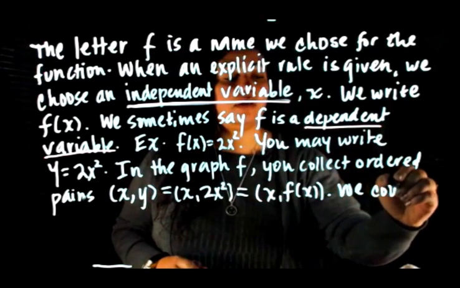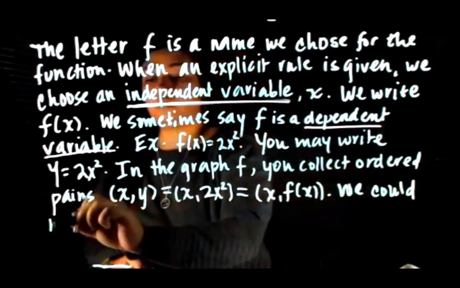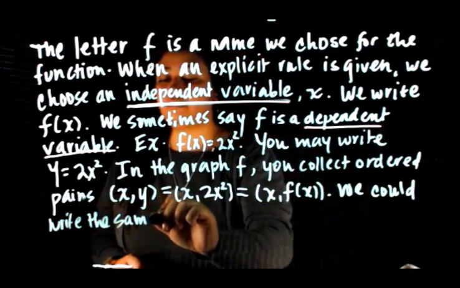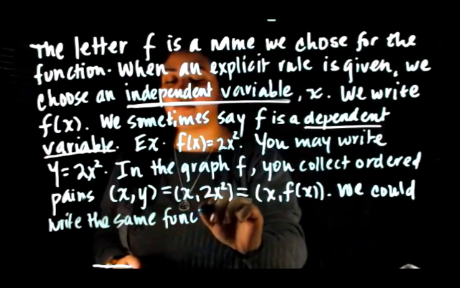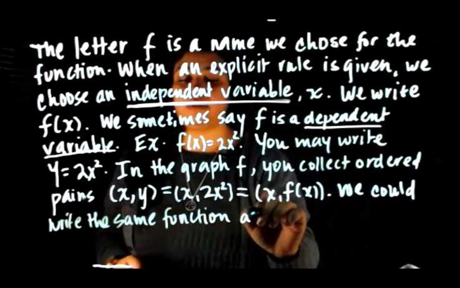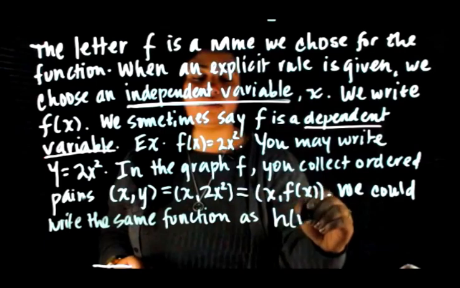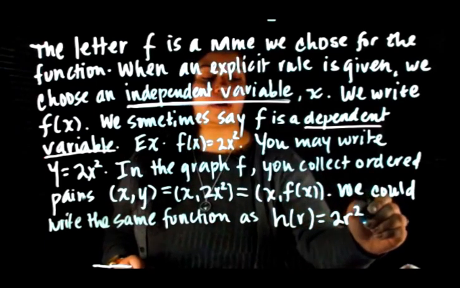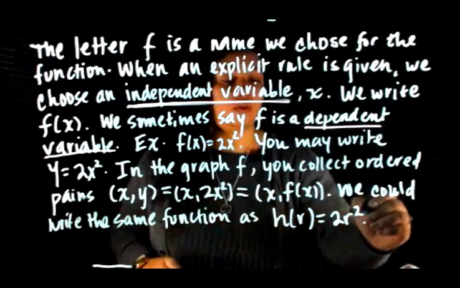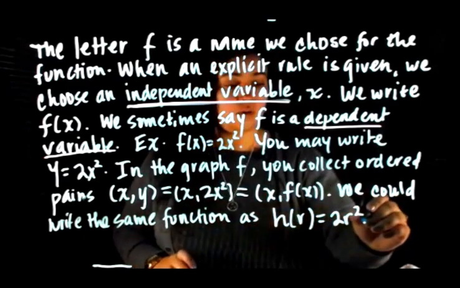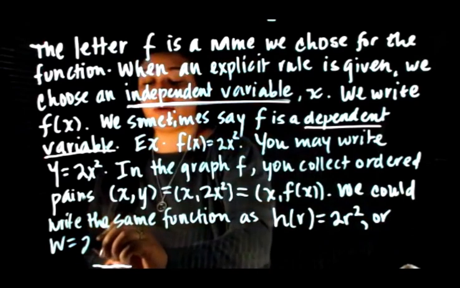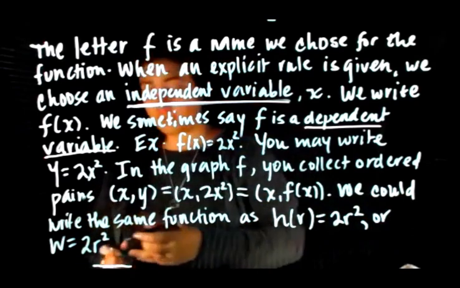We could write the same function as h of r is equal to 2r squared, or w is equal to 2r squared.